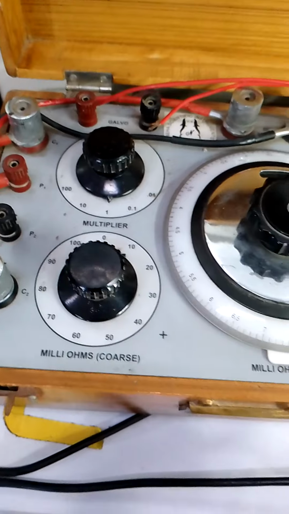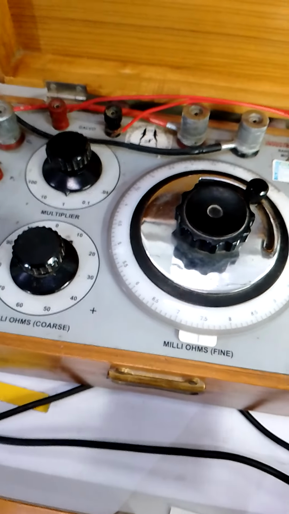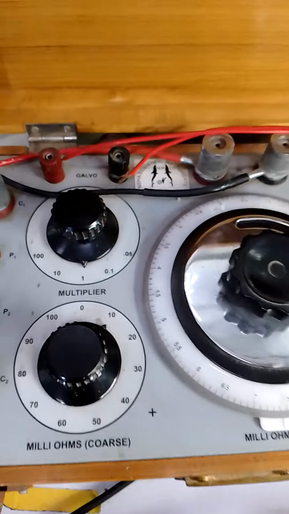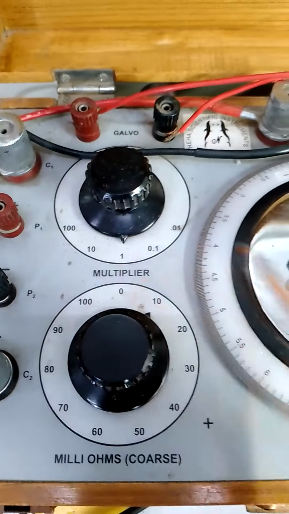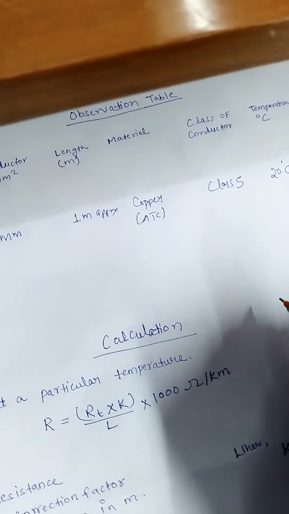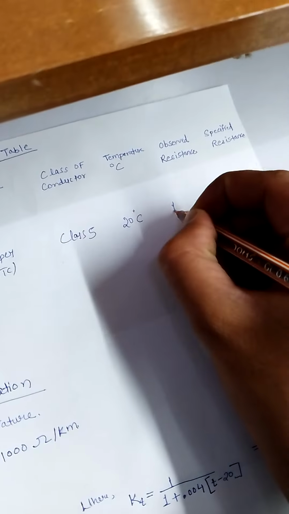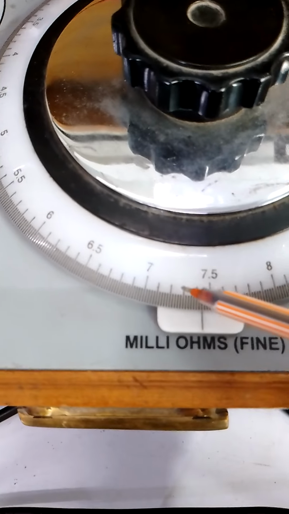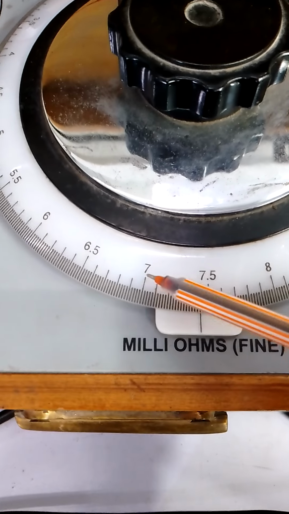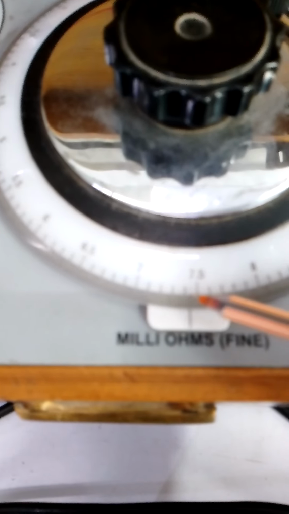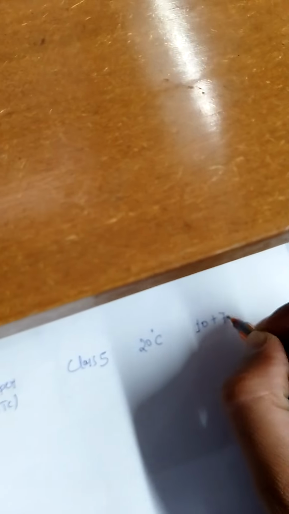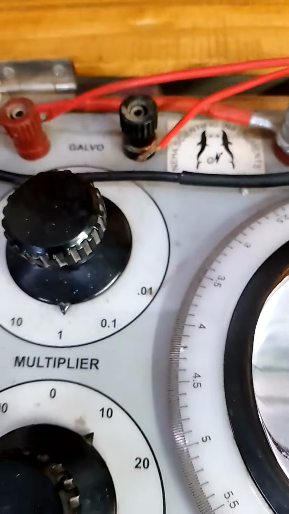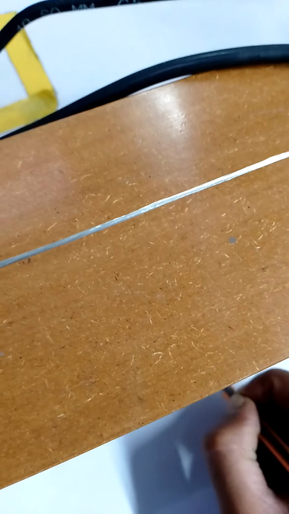The rheostat reading is 10 multiplied by 1, that is 10, plus in this section 7.44. 7.44 with multiplier 1 into 1 equals 17.44 milliohm.